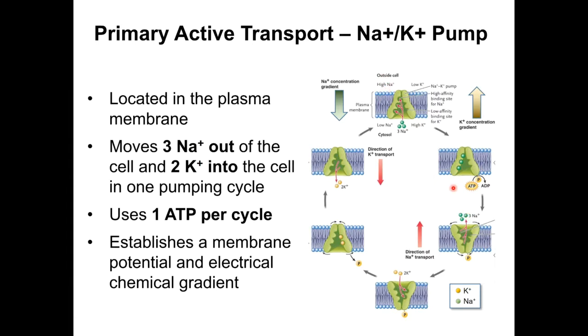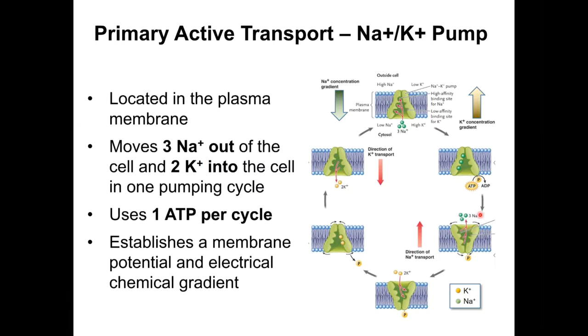This causes the release of the sodium ions in the area of higher concentration. So the active transport of sodium has been achieved in this case. Now, the same pump also has 2 binding sites for potassium here.